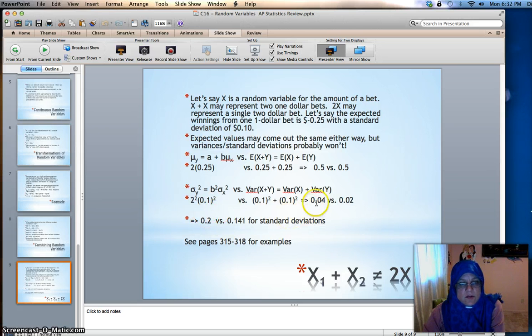So you get different answers here: 0.2 here, and 0.141 here. The variances come out different. You can see pages 315 to 318 for examples of working with these formulas.